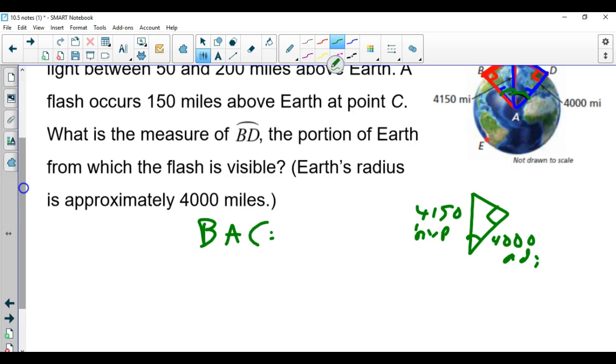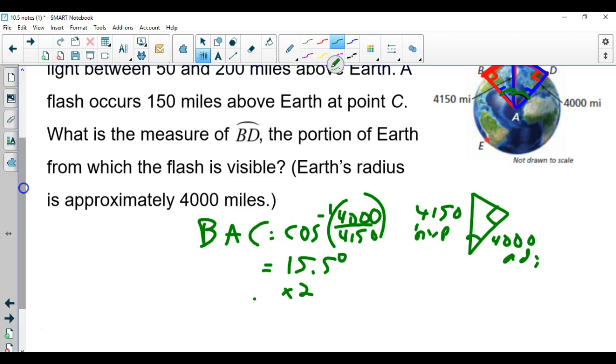So if we take the inverse cosine of 4,000 over 4,150, adjacent over hypotenuse, we will get about 15.5 degrees. Then all we do is double that, and that gives us 31 degrees. So that tells us that the central angle right here is 31 degrees. Therefore, the arc right there, BD, is also 31 degrees. And that's our answer.